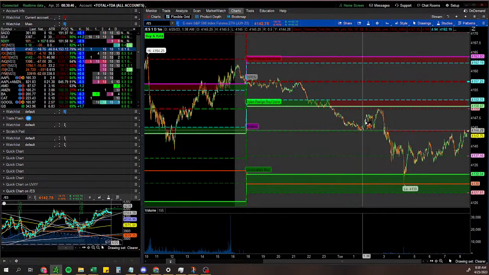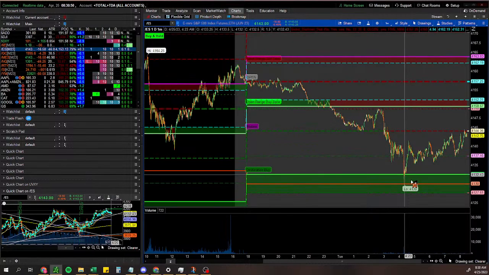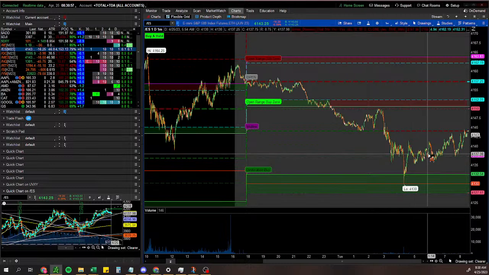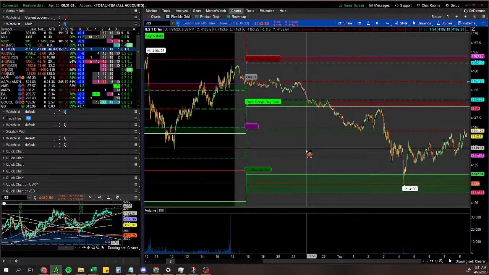Down to the midline, back up to test resistance, down further. Made it all the way to our destination buy zone, and they have started to reverse it, flipping things back to support. So, we'll see how this goes today, and how you guys like this new color scheme.